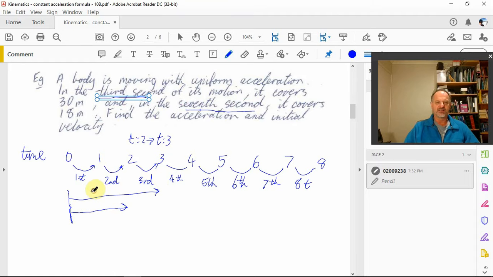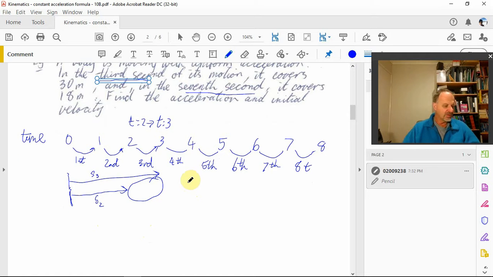So this distance there is the distance it travels in the third second. So S3 minus S2 is equal to 30 metres. That's what it says, yes. The third second of its motion, it covers 30 metres.